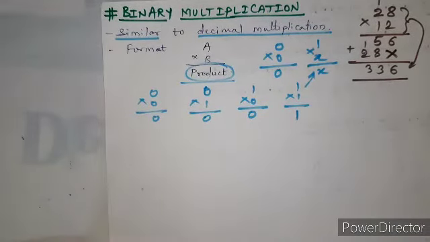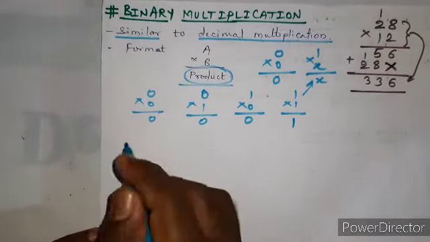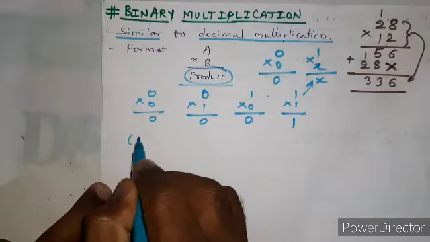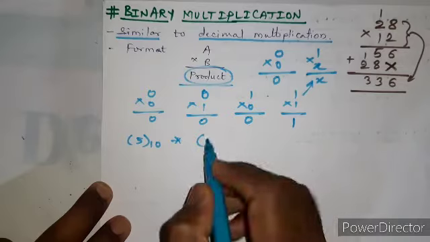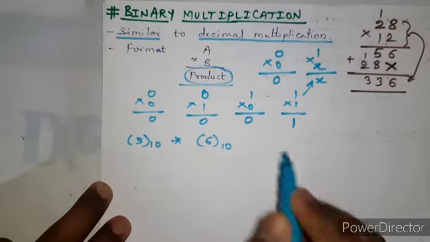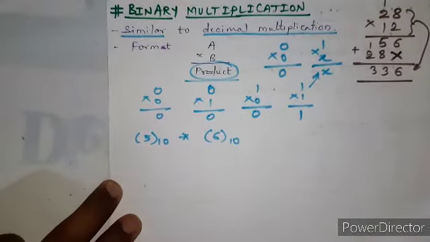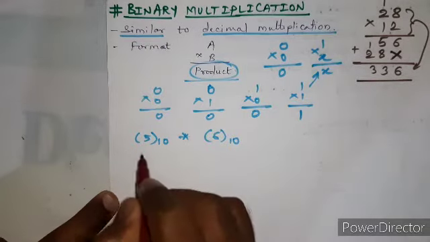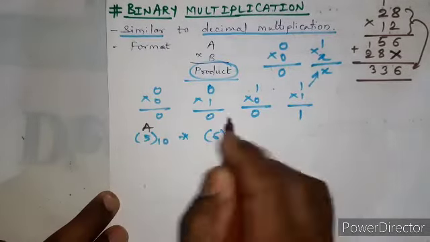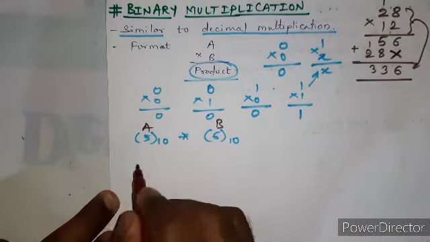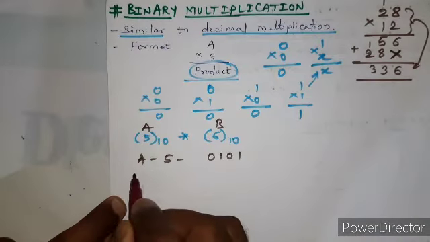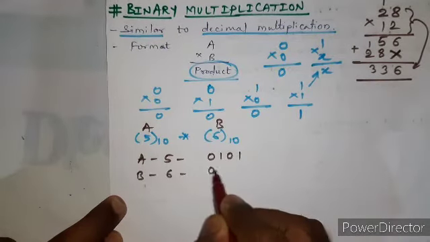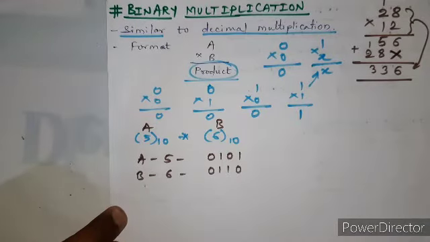Now let us take an example. We can consider any example. Let us say 5 as a decimal number multiplied with say 6, again a decimal number. Here we are supposed to first convert these decimal numbers. This is A and this is B. A is 5, which is 0101, and B is 6, which is 0110.